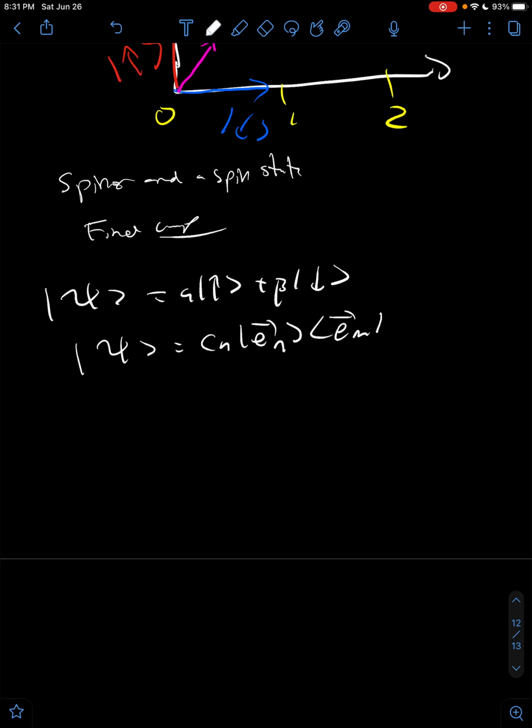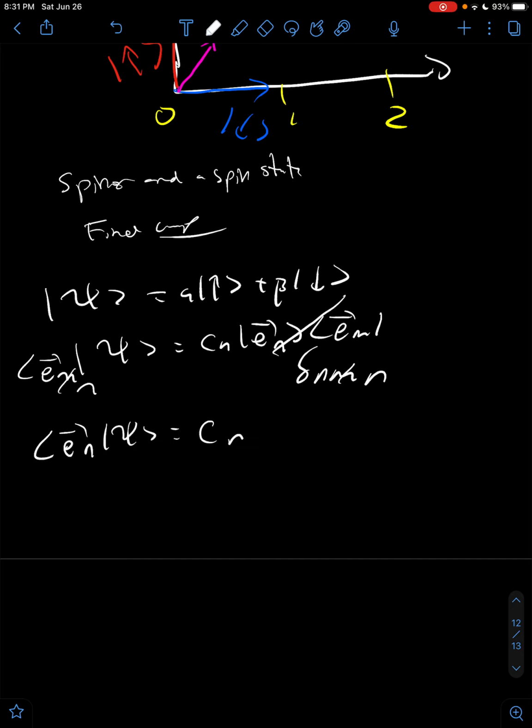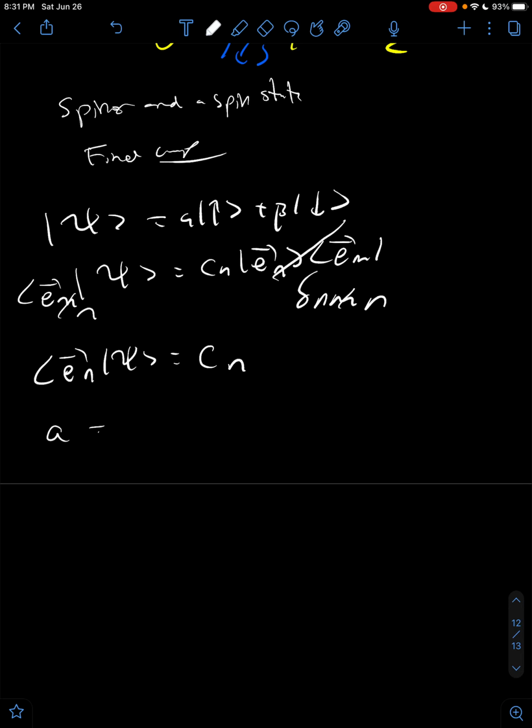You can multiply both sides by Em, so you get Em, delta n, m. Then En times the spinor equals Cn. Which means that alpha equals spin up times the spinor, and beta equals spin down times the spinor. So yeah, we can solve for the coefficients with the spinor and the spin state.